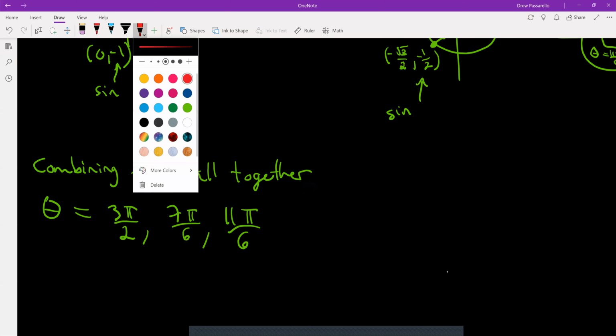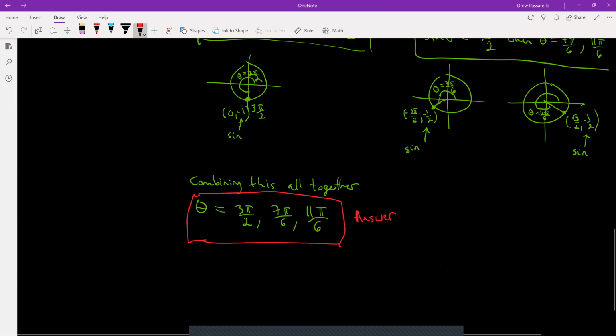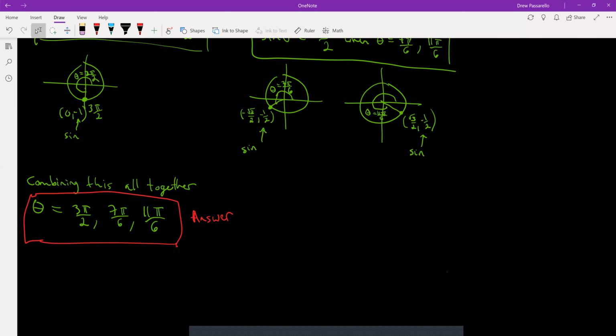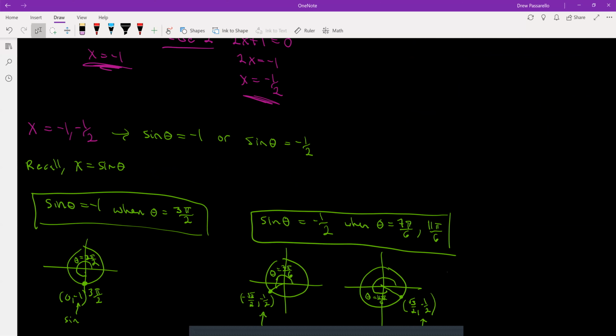All right, that's combining everything together, so that's going to be the answer. Again, I'm going really detailed here. You don't have to draw any unit circle or anything like that. Just need to recognize what theta value gives you that particular value, like sine of theta equals -1, that occurs when theta is 3 pi over 2.